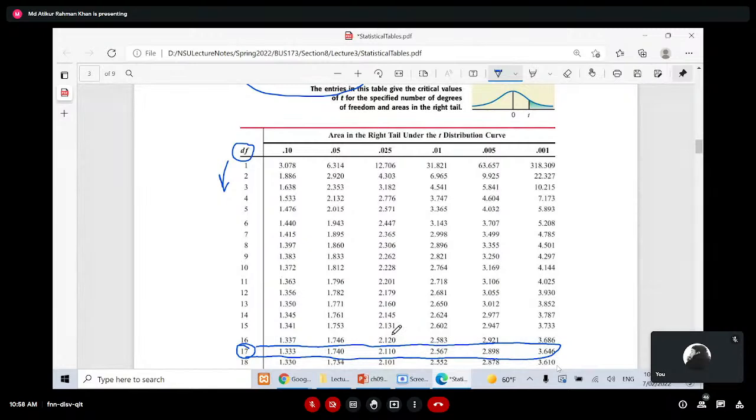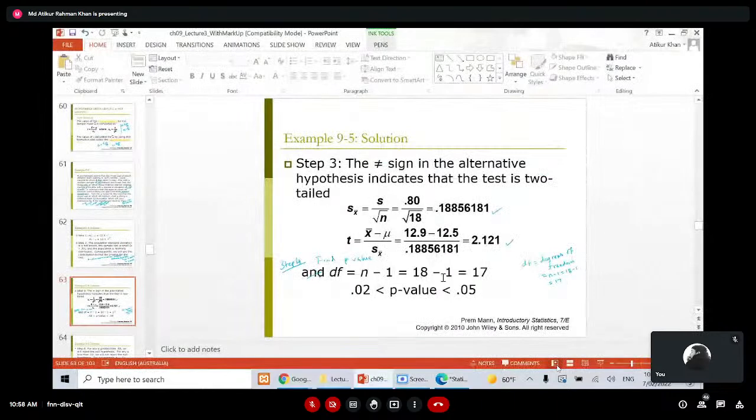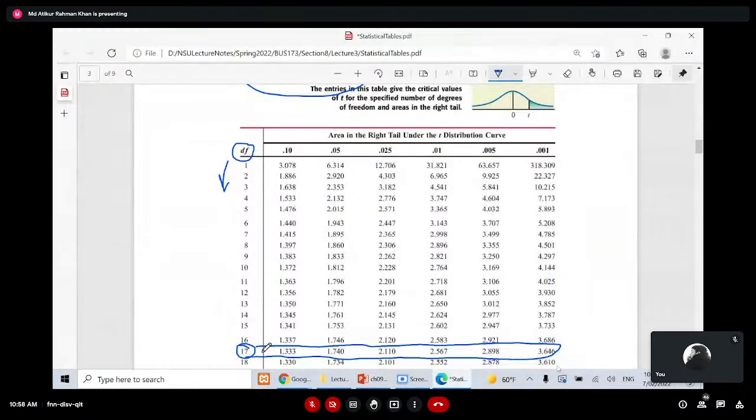Because the degrees of freedom is 17, I must follow only that row. The value 2.121 is greater than this one but less than this one, so it is falling somewhere here.